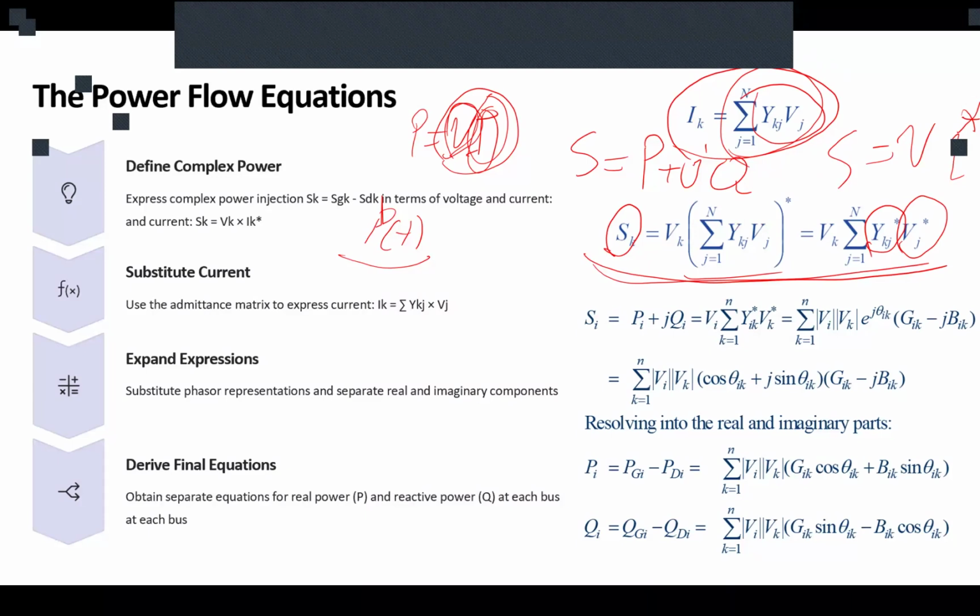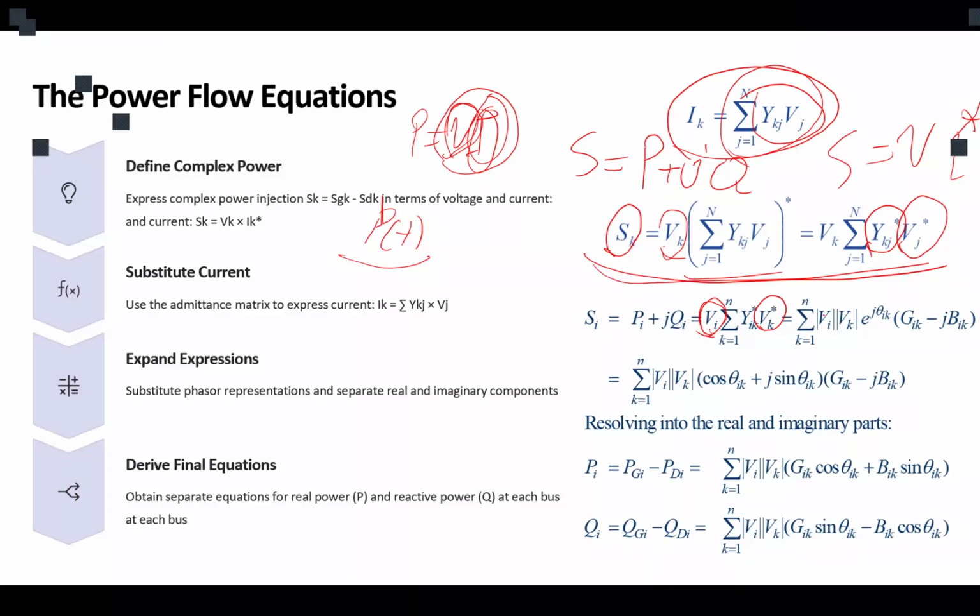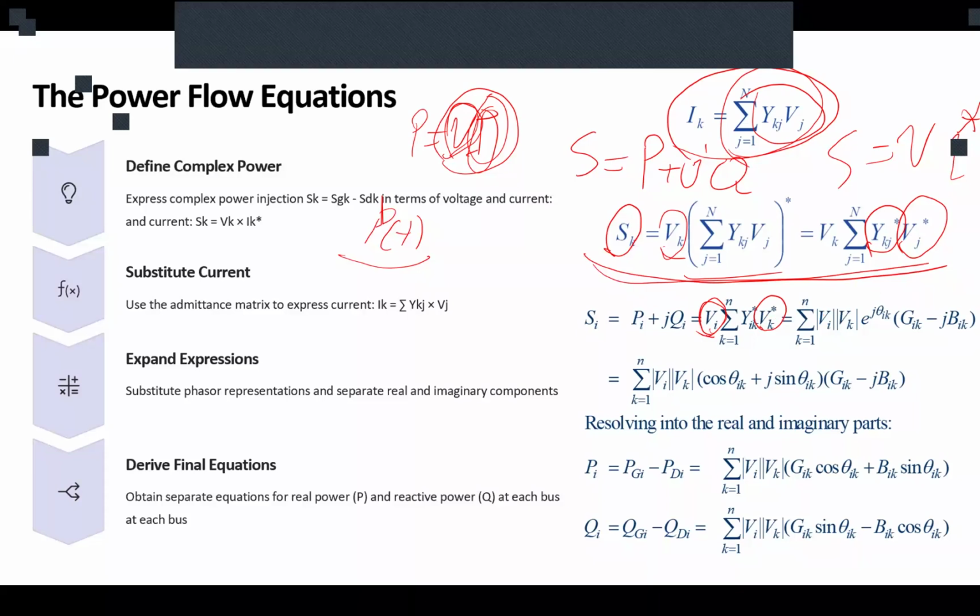Let's expand that formula. We keep the voltage outside here as is. The voltage, this is a vector, its conjugate is the amplitude of voltage times minus theta. Are we good? So instead of V e to the power of minus j theta, we have e to the power of j theta. So this is the conjugate of the voltage.